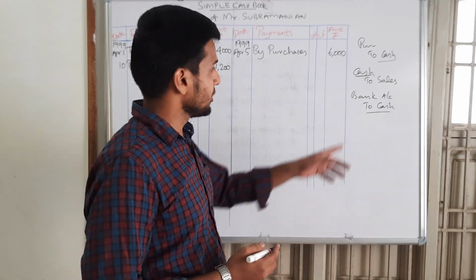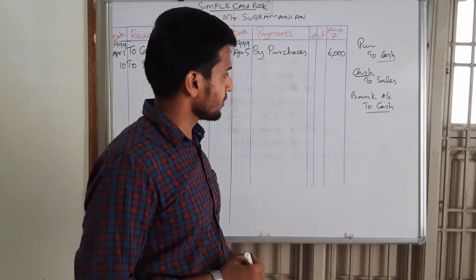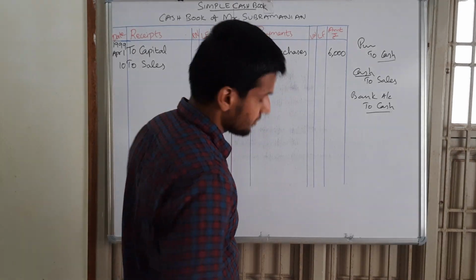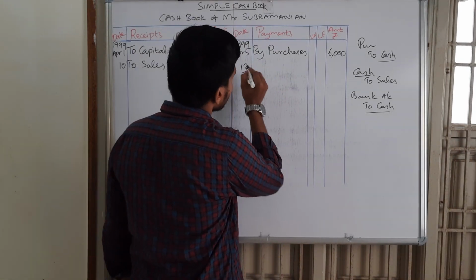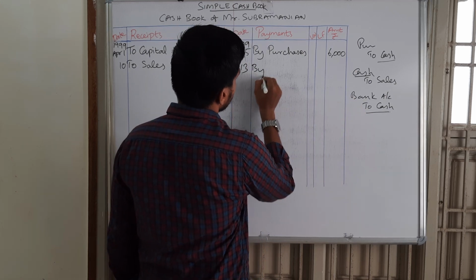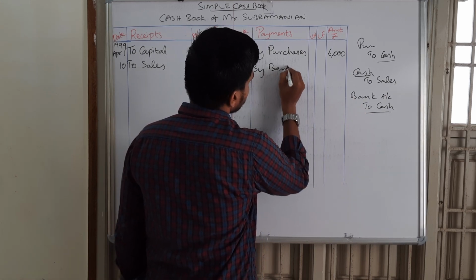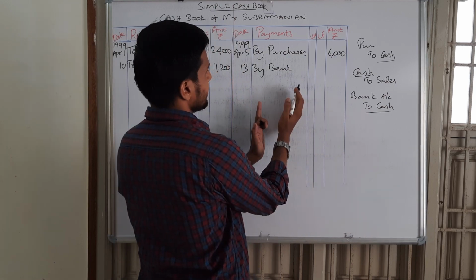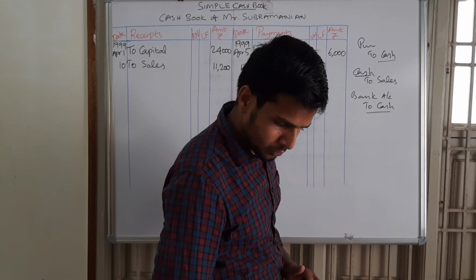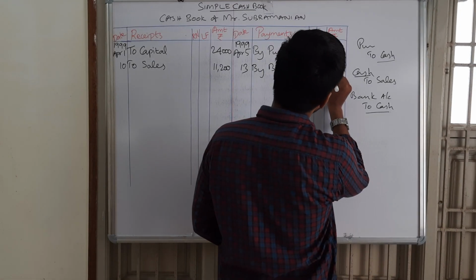Cash paid into bank means bank account debit to cash account. So here the date is April 13, by bank. Here the cash account got credited, so we are crediting the transaction with the amount of rupees 2,500.